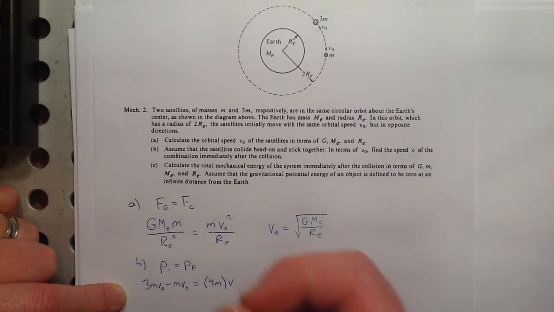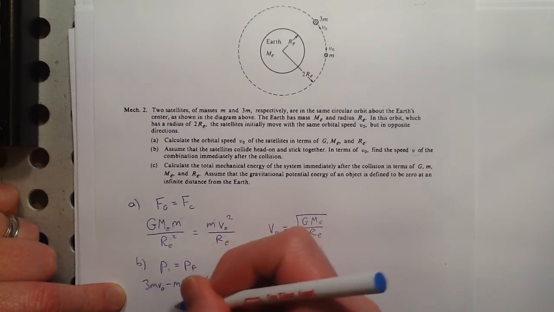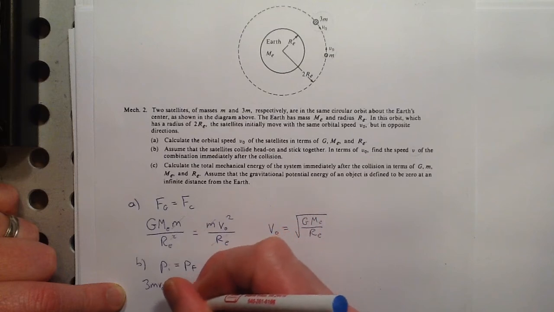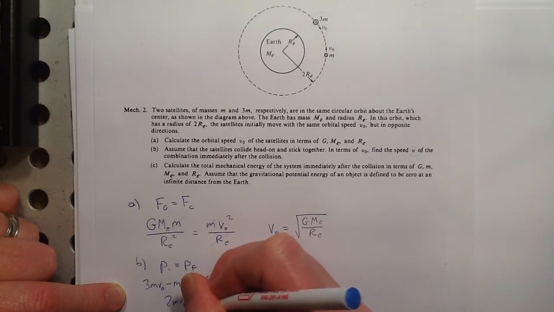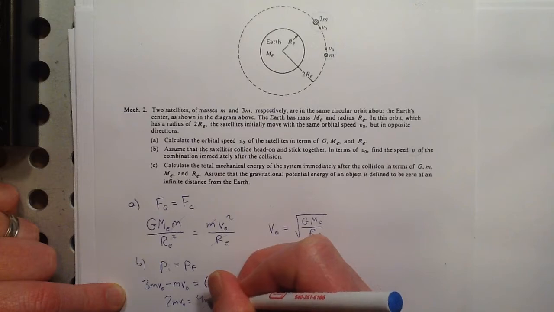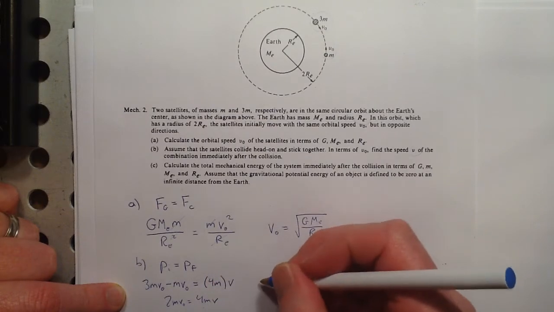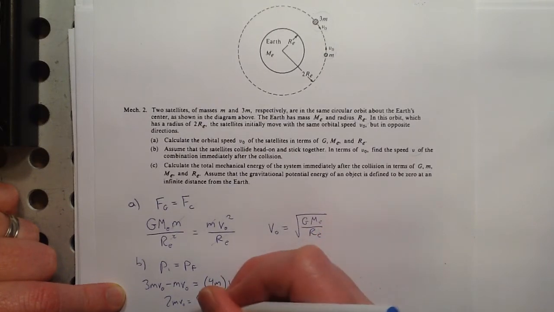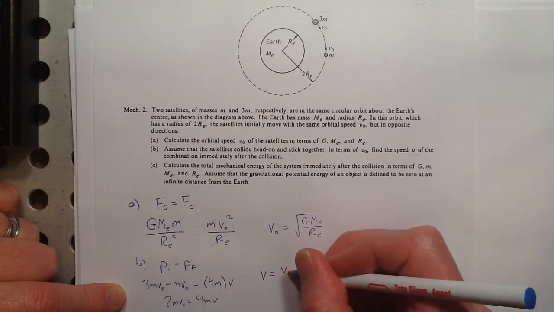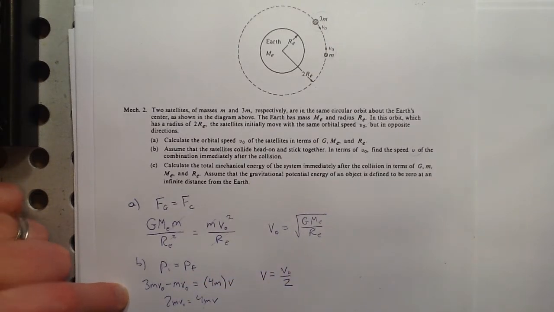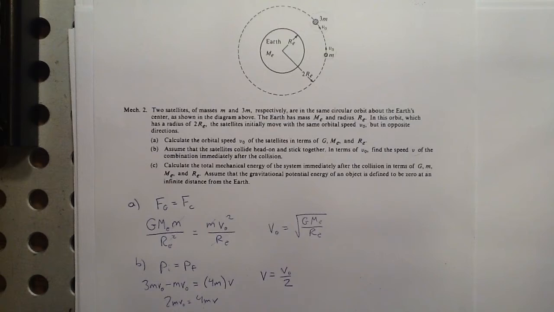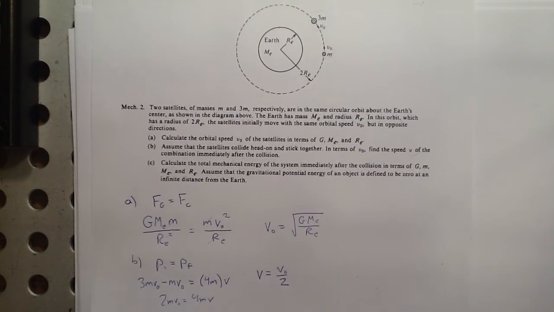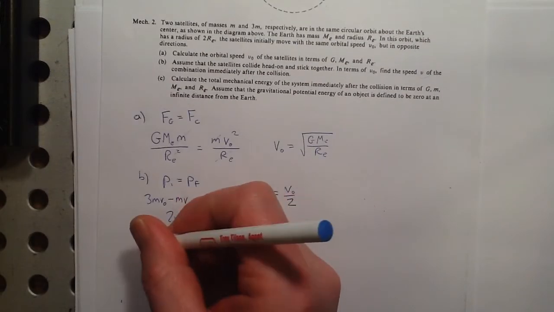Right? So that looks like I have here 3m minus m is 2m, v sub 0 is equal to 4m v, so v is equal to v sub 0 over 2 after they stick together. And I also know that v sub 0 is equal to this, but they said in terms of v sub 0. So there's a little bit of regular conservation of momentum.